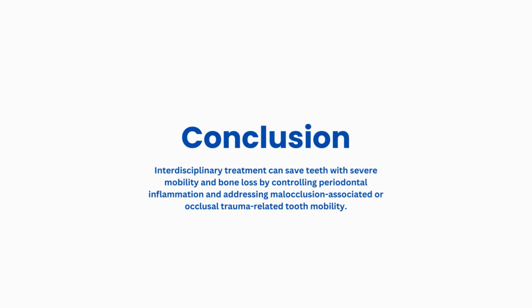Malocclusion related or occlusal trauma related tooth mobility should be taken into account when diagnosing and treating periodontally deficient teeth. Interdisciplinary treatment can save teeth with severe mobility and bone loss by controlling periodontal inflammation and addressing malocclusion associated or occlusal trauma related tooth mobility.